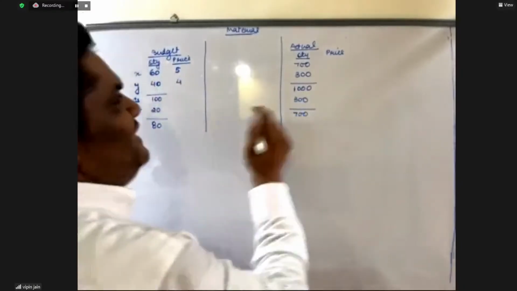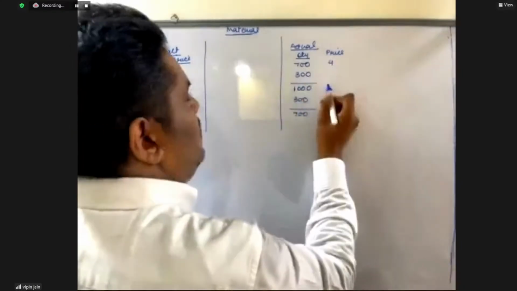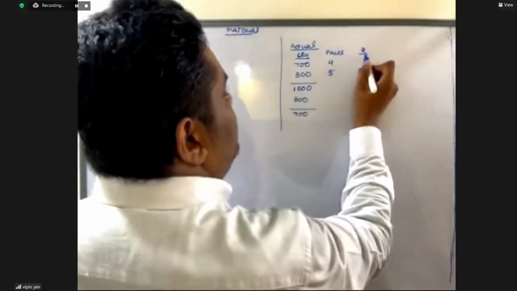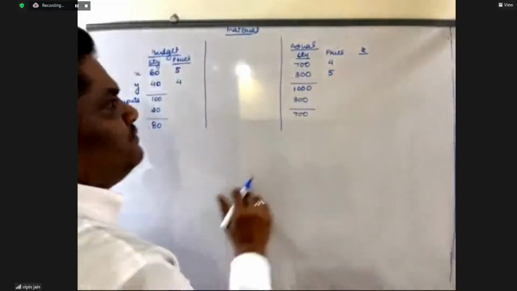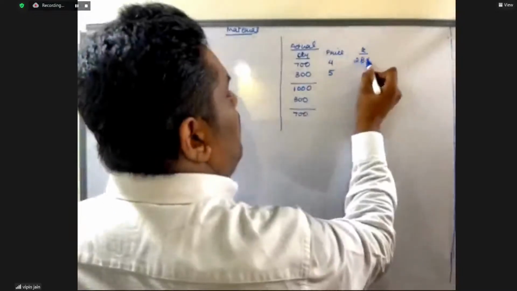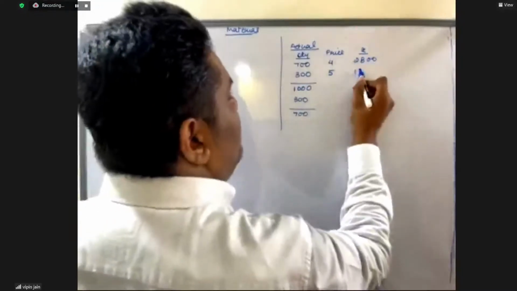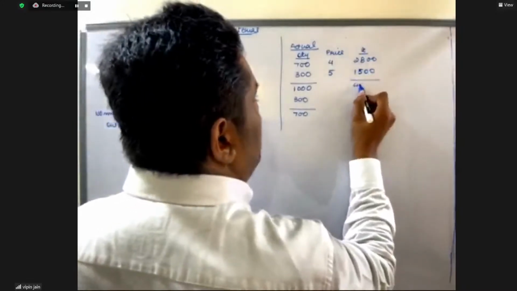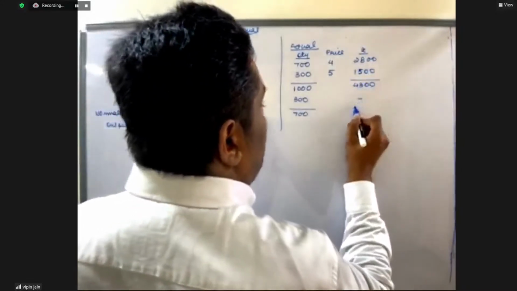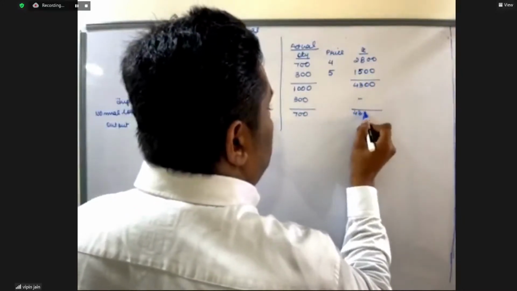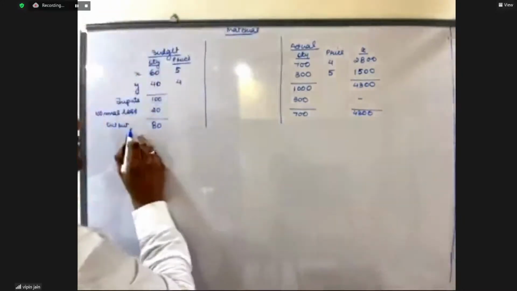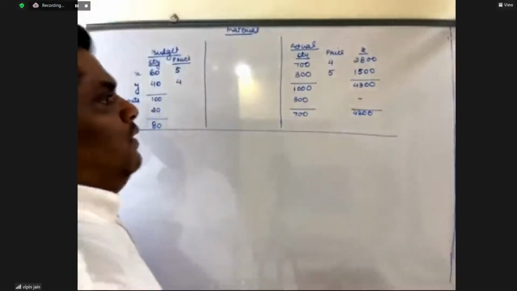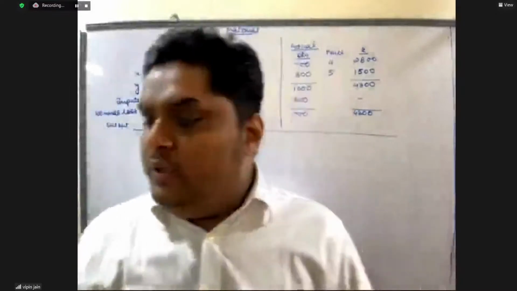Further, the price at which X was purchased was rupees 4 and for Y it was 5. So when talking about the total amount, it was 2800, 1500. So these were the actual results.